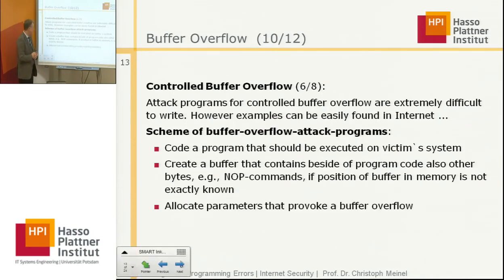Then allocate the parameters that provoke a buffer overflow, and finally start the attack. This is what an attacker has to do. And the simple reason is that in the design of the program the length check is missing, the length check for data that are placed into a buffer.